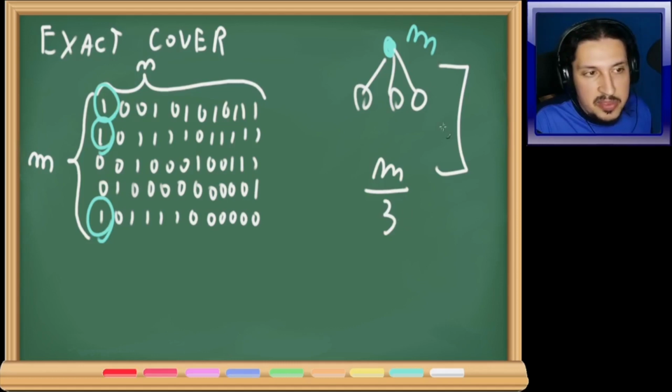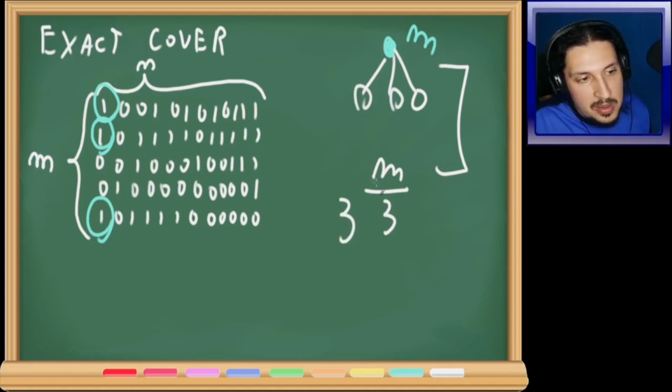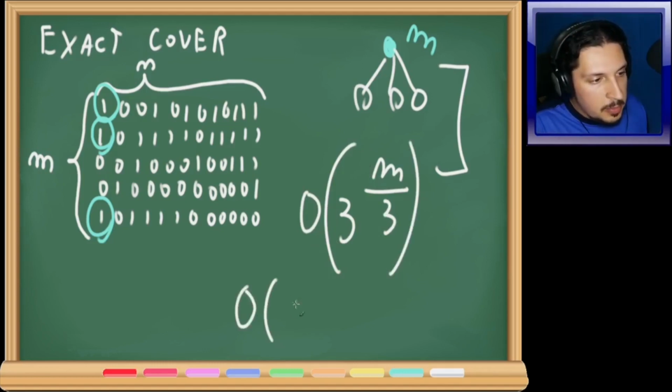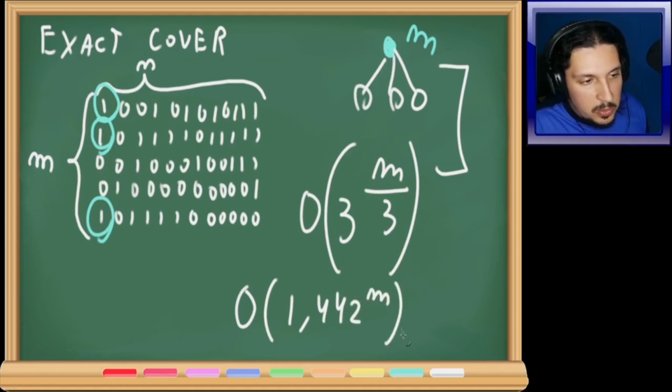So this is the number of steps you can make. And at each step, the number of nodes is multiplied by 3. So 3 to the power of m divided by 3 will be the final runtime complexity. And this is approximately 1.442 to the power of m.